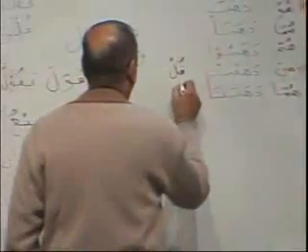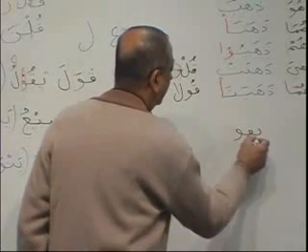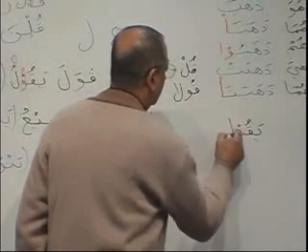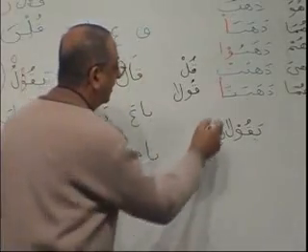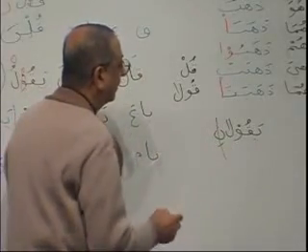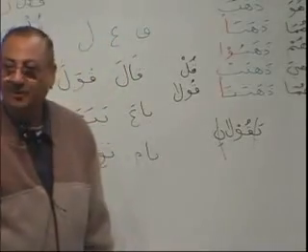Are you with me? I will write it down. Kul and then kula. Why kula, brother? It is yakulani. If I make amar, I drop this. Okay, brothers and sisters? I drop this. What is left? Kula.